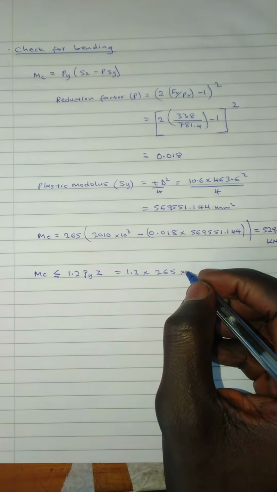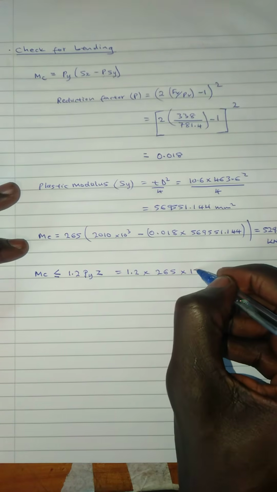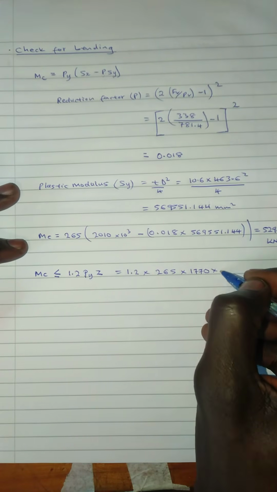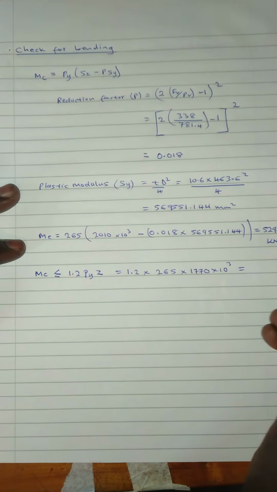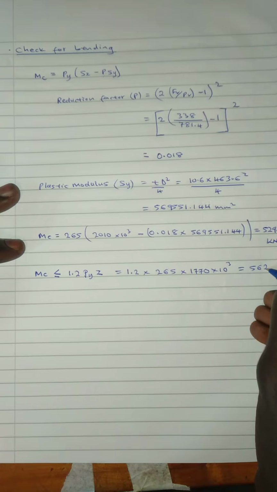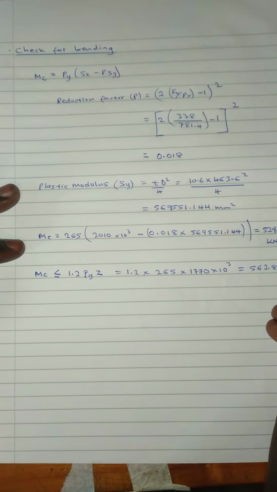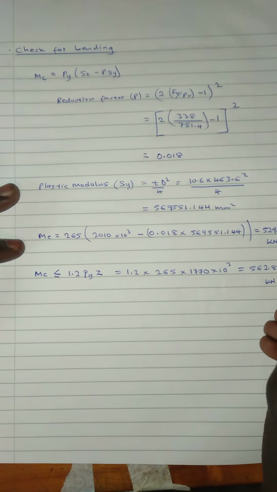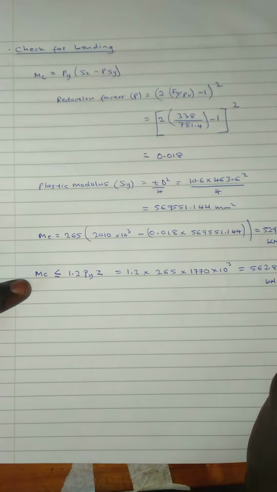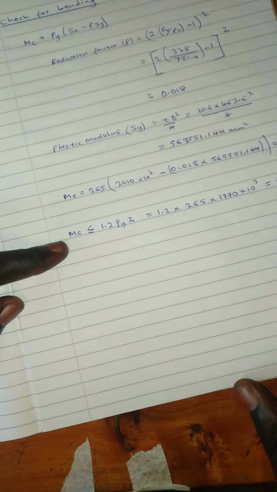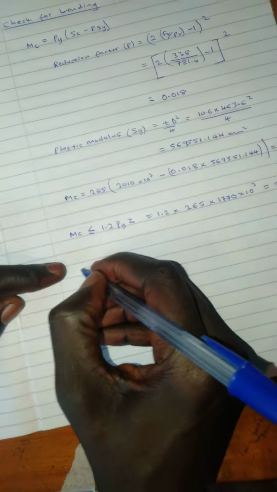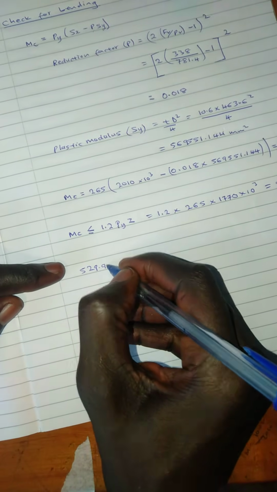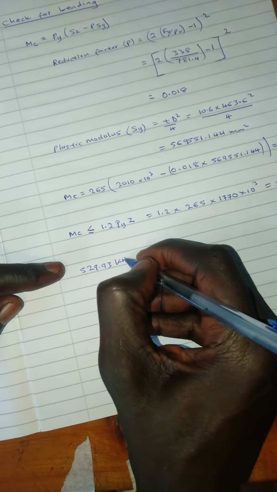Z is in centimeters, we'll change it into millimeters, times 1,000. So this gives us 562.86 kilonewton meters. So we compare it with our MC. MC was 529.93 kilonewton meters.